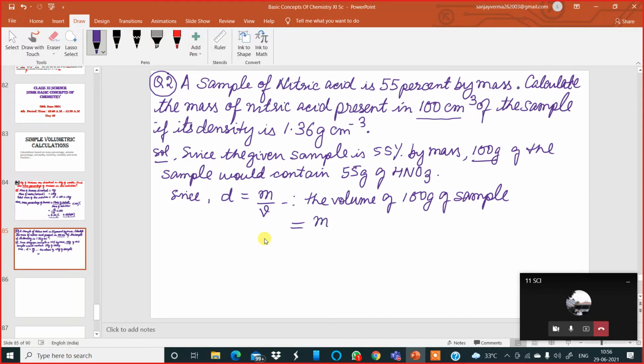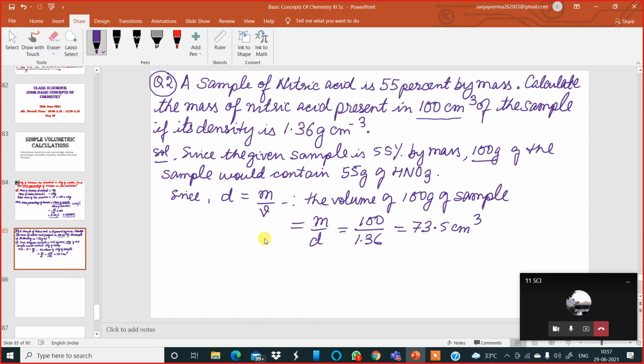I've taken 100 gram as mass, and density is given in the question as 1.36. Upon simplification we get 73.5 centimeter cube. So 100 gram of the sample has a volume of 73.5 centimeter cube.